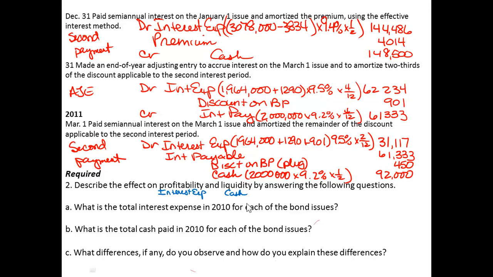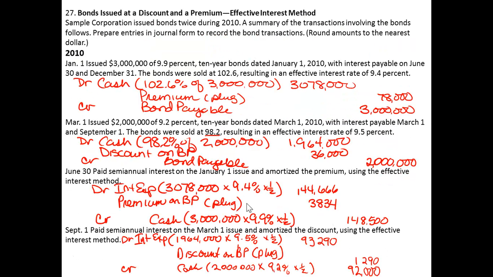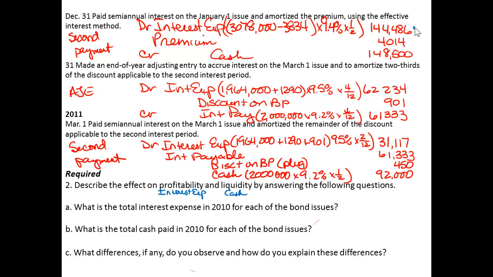So when we look at question A and want to know what the total interest expense is for each of these bond issues, what we're going to do is go back and capture all the interest expense. So the interest expense on the second bond, the interest expense on the first bond at the year end, and the interest expense at year end on the second bond.